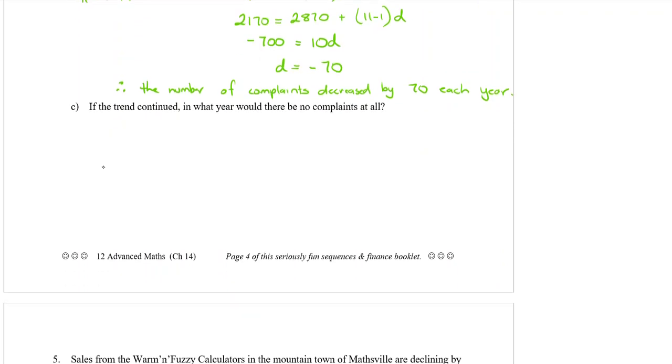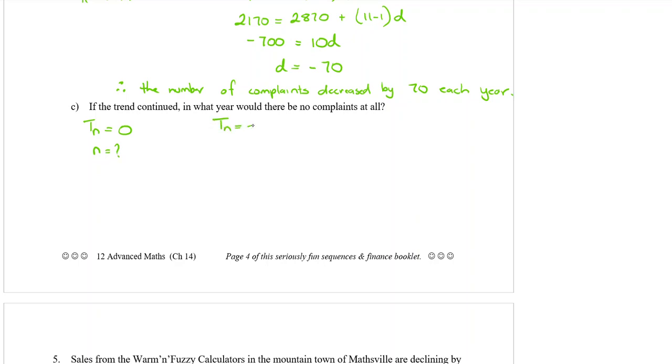So no complaints, that means I want my term, whatever position it's in, to be equal to 0. And I'm trying to find n, because I want to know how many years does it take to get to that 0 complaints. Which formula am I going to use? The term formula. So I want the term to be equal to 0.